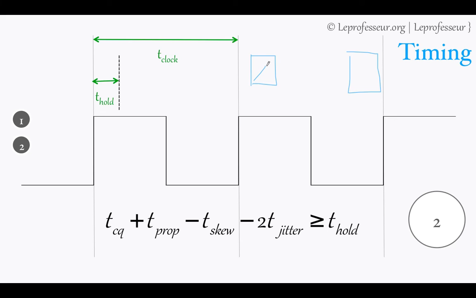Clock to Q delay, plus this propagation delay, minus the skew at this edge, and minus twice the jitter, that total time should be bigger than the hold window for the flop. So that equation must also be satisfied.